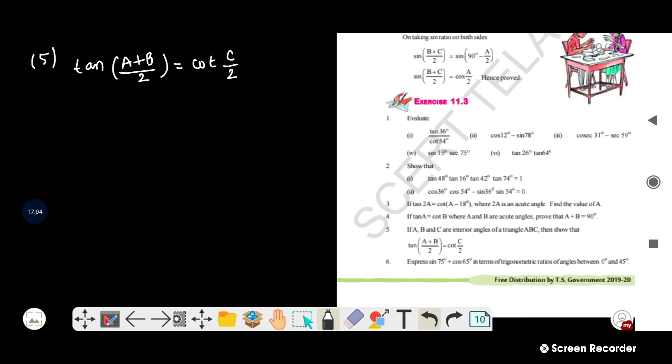So we need to show this one. First of all we need to write the given: A plus B plus C is equal to what? 180 degrees. This we know, the sum of the interior angles is 180 degrees. You can divide both sides by 2.